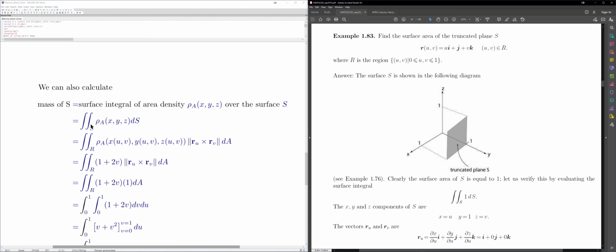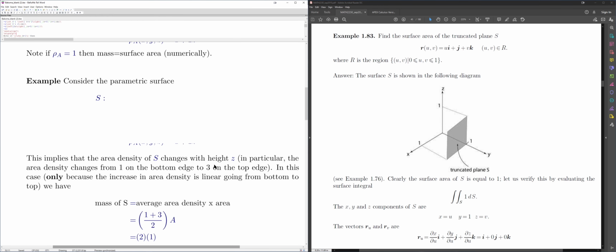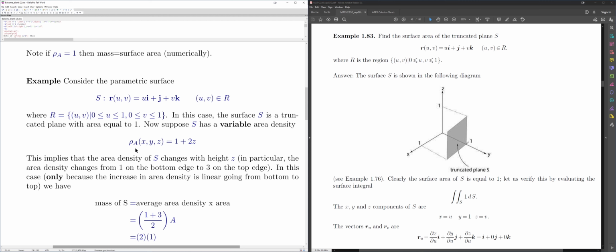So I'm going to work out my surface integral, and here I'm using my formula for the surface integral. The area density function is 1 plus 2z.